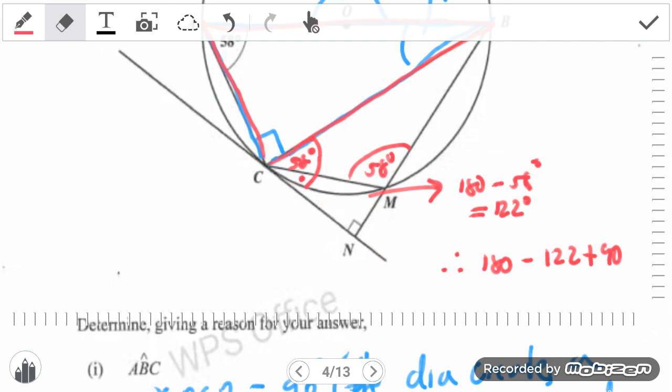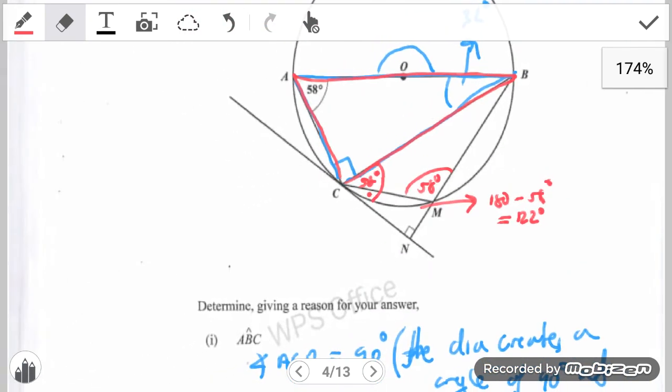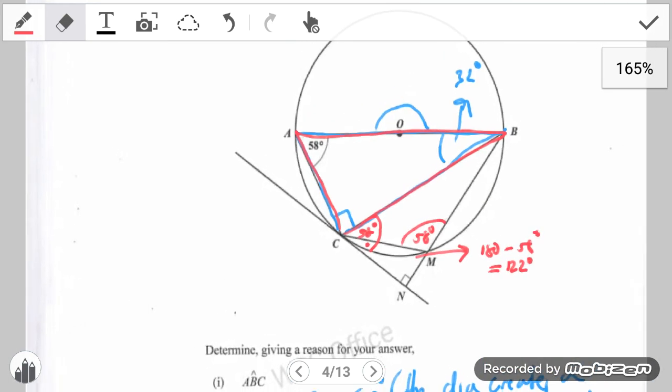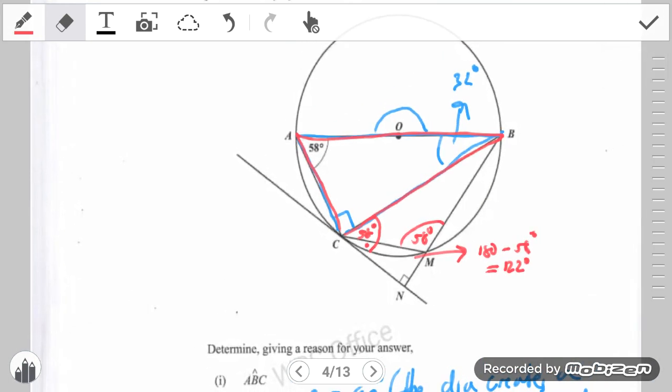We're going to figure this out, guys. We might have made an error. NCM is also a chord. Sometimes you've got to take an extra look, guys.